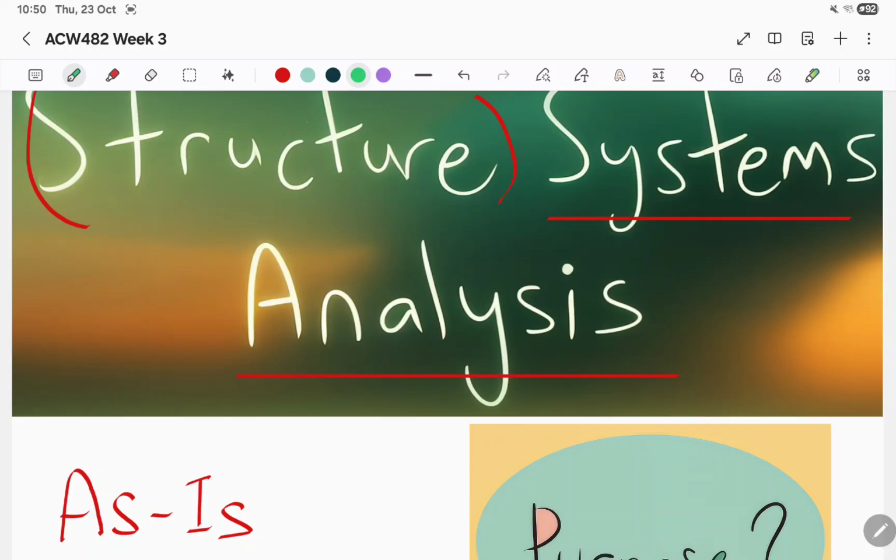Then finally we look at what the planned solutions are, or what the requirements are that we want to have in the system. We are collecting the data and then proposing what to have.